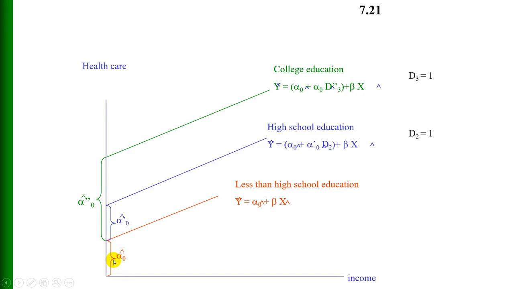This is the intercept of those with less than high school education, alpha naught prime hat. This is the intercept of those with high school education, and this is the intercept of those with college education. So these three regressions are parallel, with a difference only in the intercept.